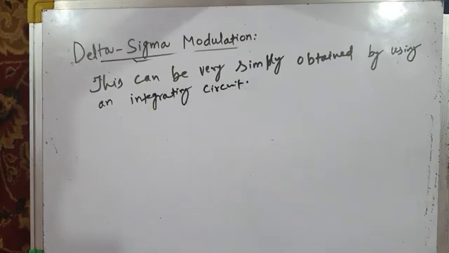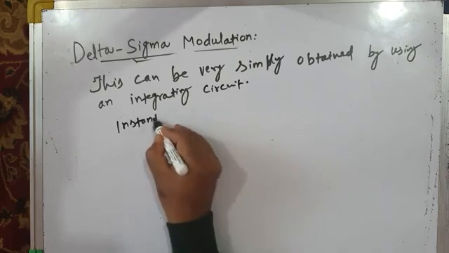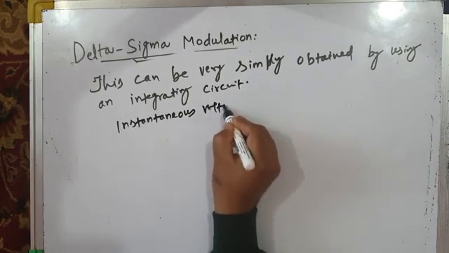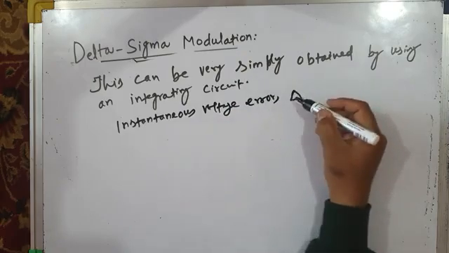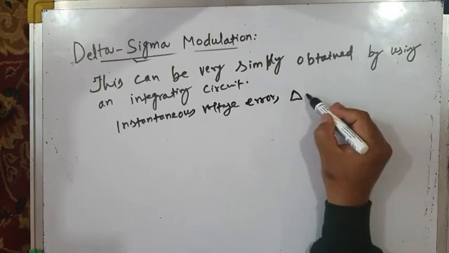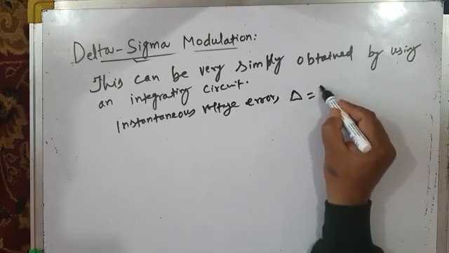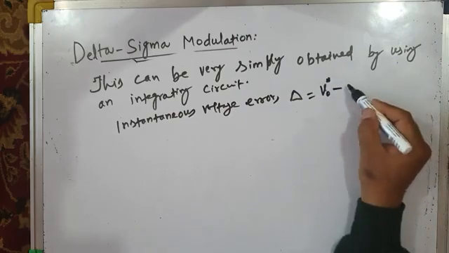See, try to understand what we are doing. We find the instantaneous voltage error. Let us call that delta. And that instantaneous voltage error is reference voltage minus actual voltage.